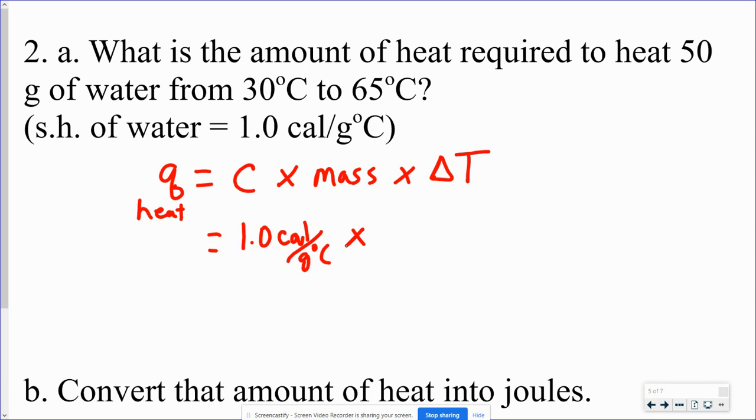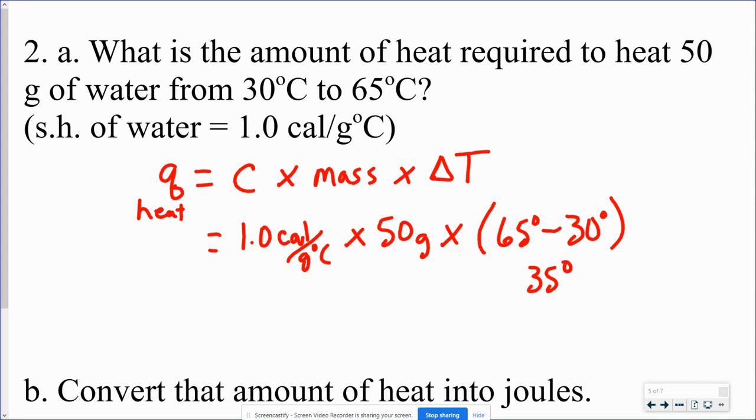We plug in our mass, which is 50 grams, and our change in temperature, final minus initial. So it's 65 minus 30, so that's the final minus the initial. So it's a temperature change of 35 degrees.